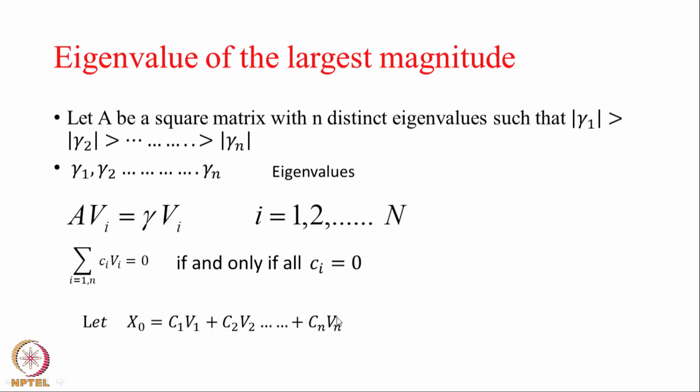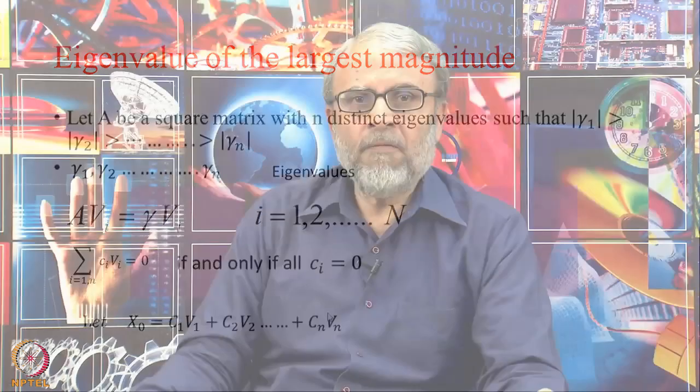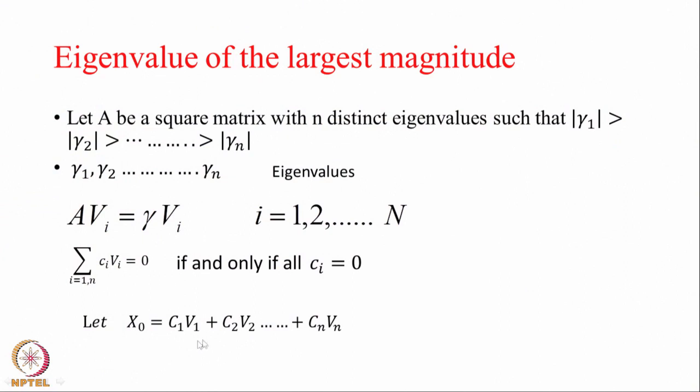It is just like in 3 dimensions, any vector can be represented as A i plus B j plus C k, a sum of these 3 vectors. Similarly, any vector in n dimensions can be written as C 1 V 1 plus C 2 V 2 plus up to C n V n. Any vector is written as a sum of these eigenvectors.